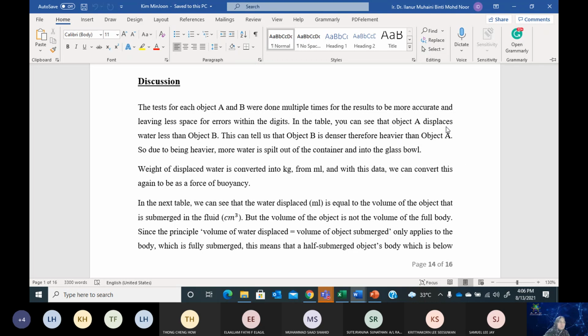You can see the object A displaces water less than object B. This can tell us that object B is denser, therefore heavier than object A. But finally also don't mention what object A is, what object B is.